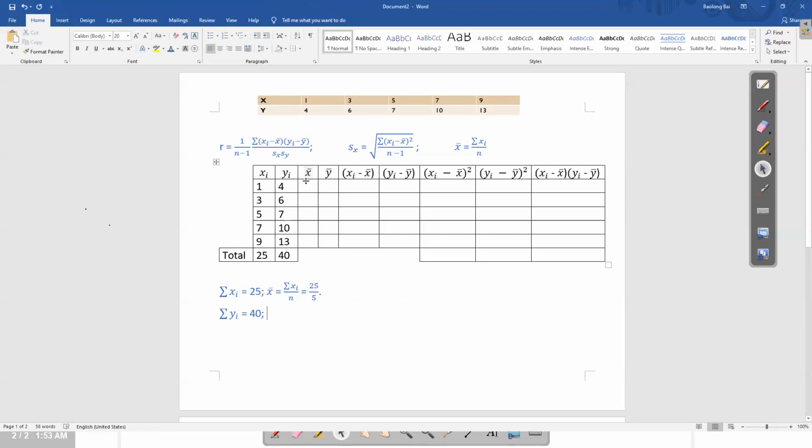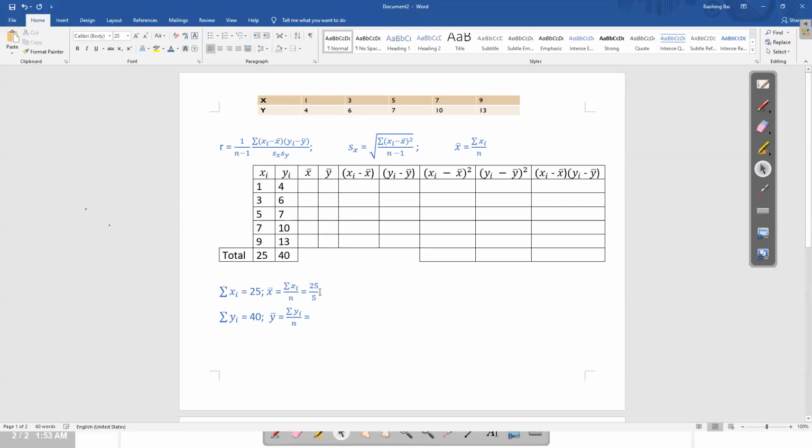likewise, we can calculate the sample mean of y using the same equation, right? So y bar will equal the sum of yi divided by n, right?